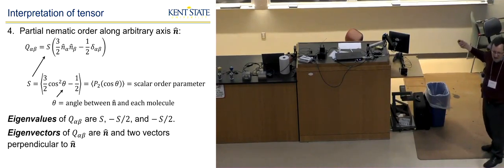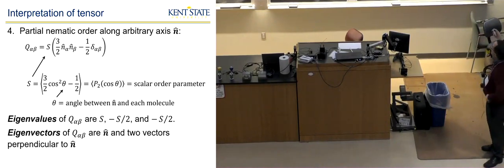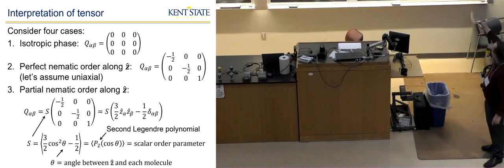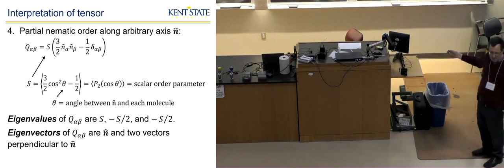Not the z-axis, there's nothing special about z, but the n-axis. This is the generalization of what I showed you in this slide, from order along z to order along any arbitrary axis n.